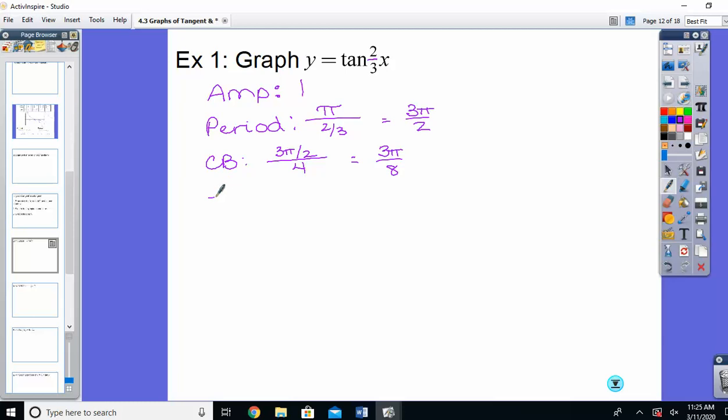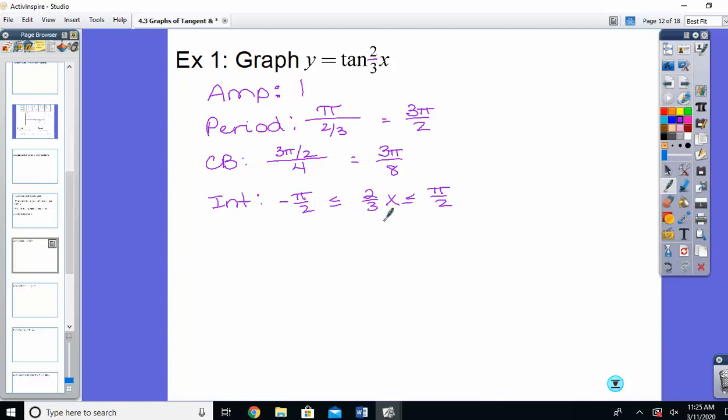I am going to go ahead and do an interval here. With sine and cosine, I said you had to do it if you had something added or subtracted with your x. And that's still true. But because I don't start at 0 for tangent, it's typically just a little bit easier if we go ahead and do it and make sure we're on the right track. Where do we start and stop for tangent? Negative pi over 2 less than or equal to 2/3 x less than or equal to positive pi over 2.